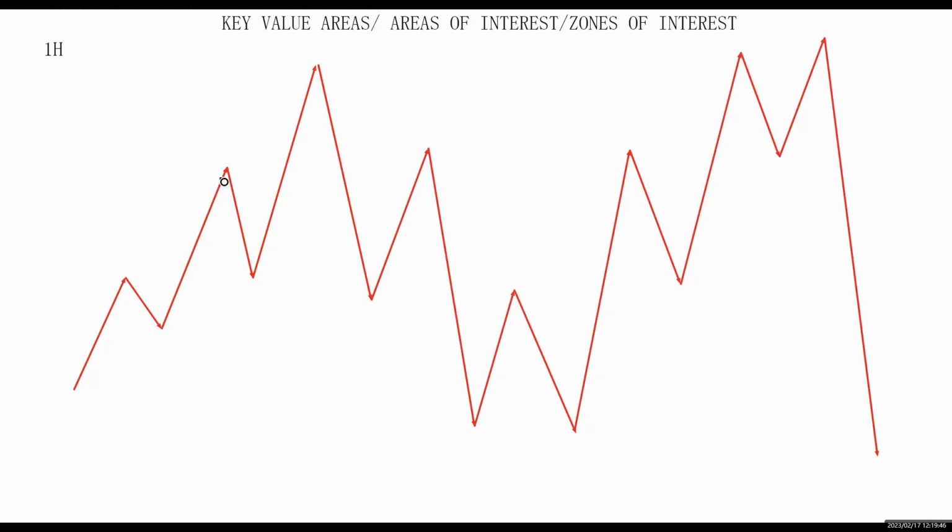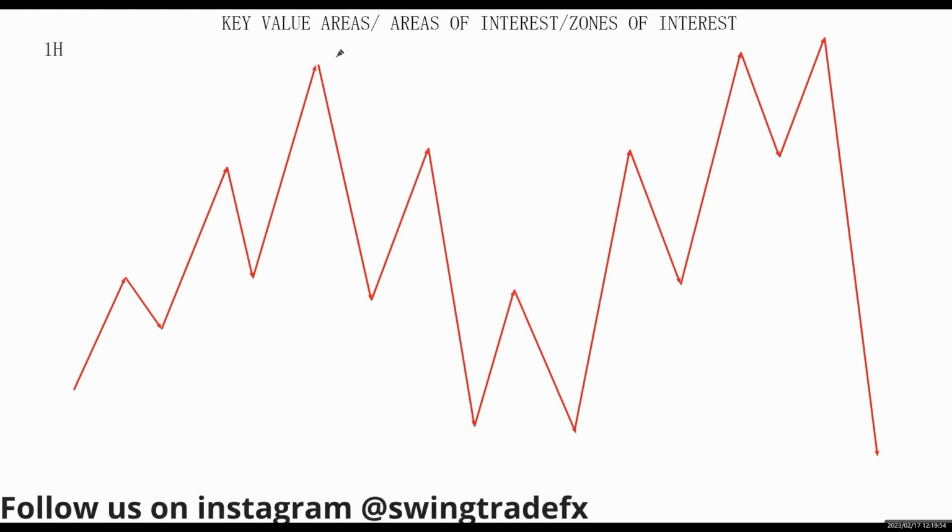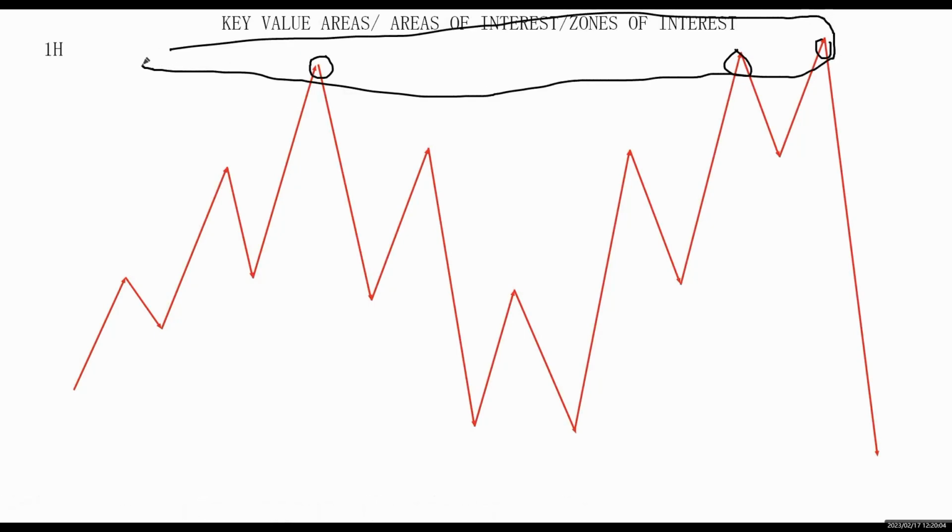So the first thing is, what are areas of interest? Areas of interest are areas in the Forex market where the market intersects more than once. So 1, 2, 3. All of this area right here turns into a zone of interest, because when price got here, we saw a rejection. When price got here, we saw a rejection. When price got here, we saw a rejection.